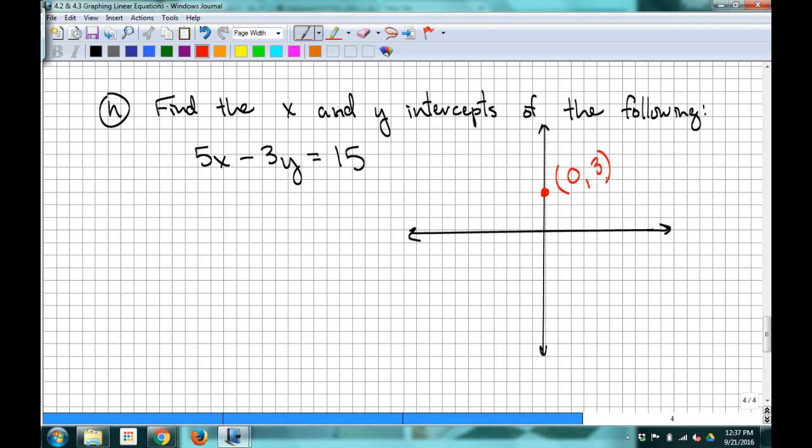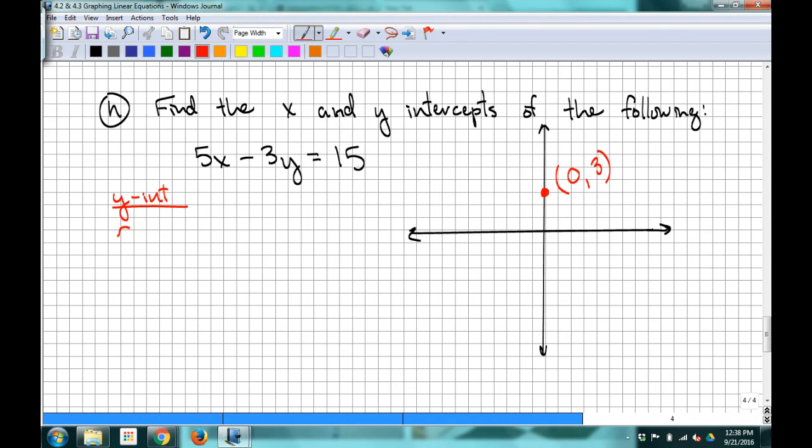What's the 0 part? x. That's on the what? The y-axis, okay? That's where it's located. So if I'm going to find the y-intercept, I'm going to put a 0 in the place of what in the equation? The x. So that's what I'm going to do to find the y-intercept: plug a 0 in for x.